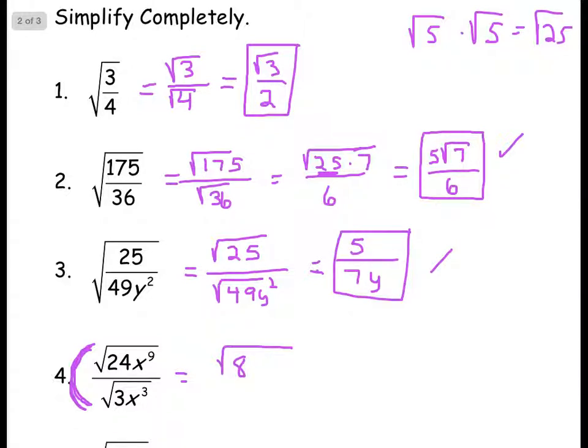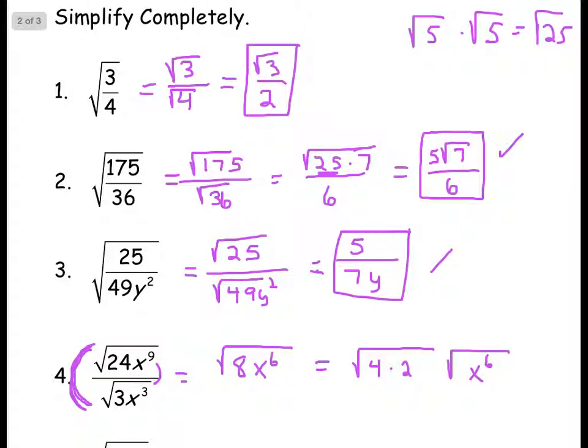Then I can take x to the 9th divided by x to the 3rd and subtract these exponents to get x to the 6th. Now I know that this is not simplified, so I need to simplify. Again, divide and then simplify. The square root of 8 breaks down into the square root of 4 times 2, and then I take the square root of x to the 6th.